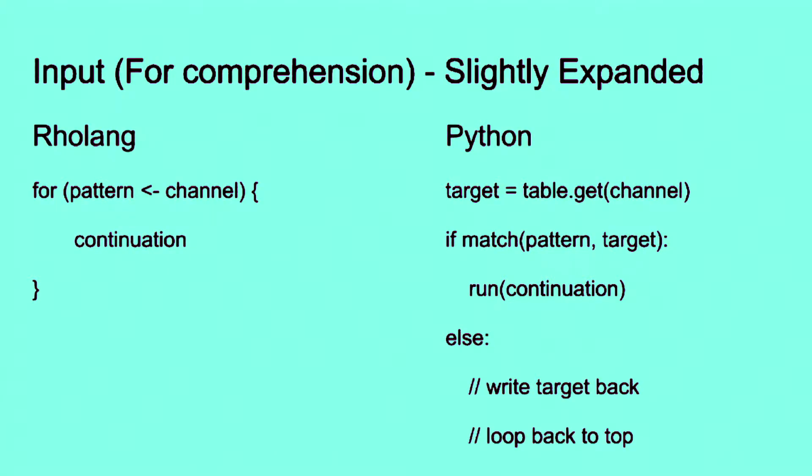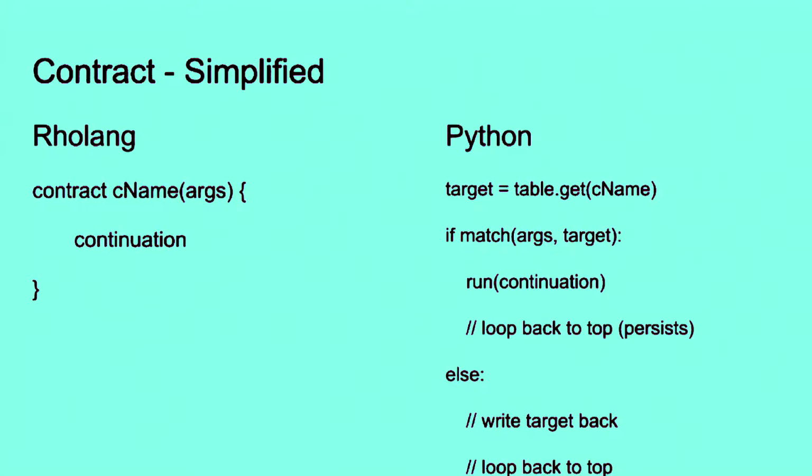Now we go on to contract. Contract is actually not really different from the input. In fact, if we ignore the blockchain semantics of the contract, it's basically the same, except it is persisted.